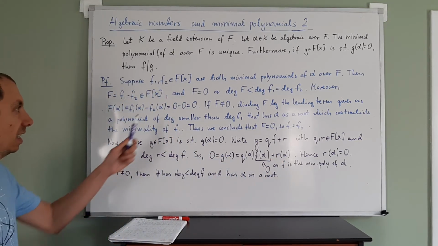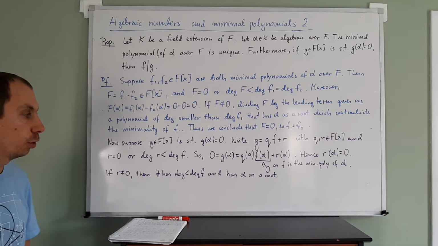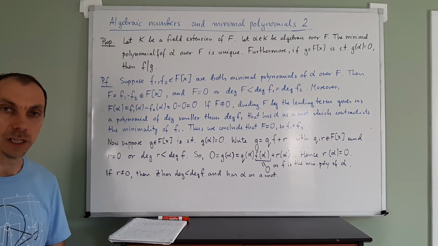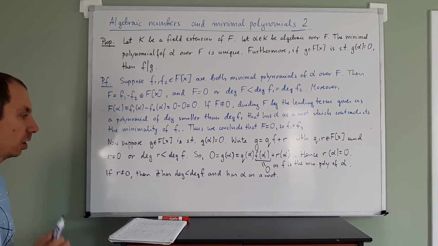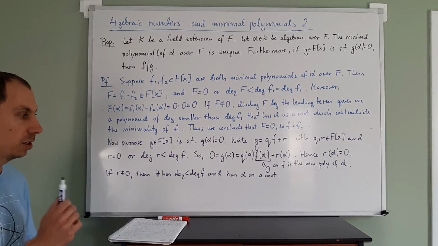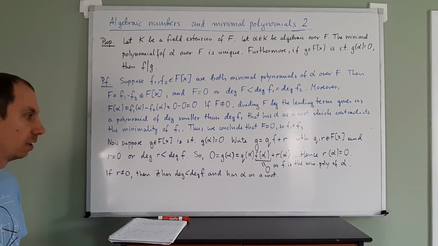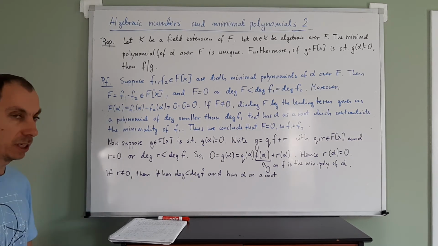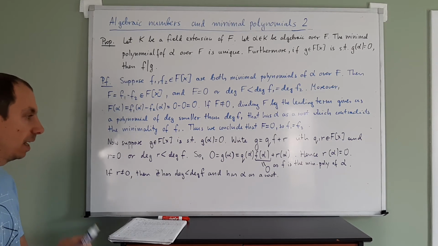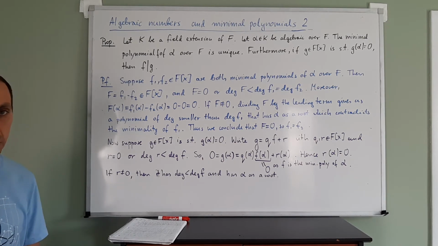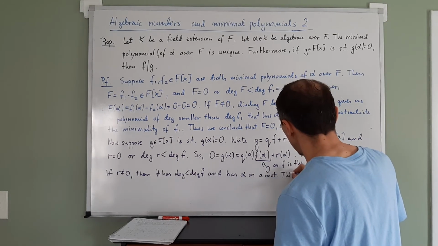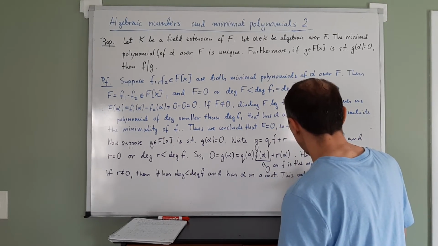Again, just as in the proof of the first part, I don't know that r is monic, but if it's not 0, I can always make it monic by dividing by the leading coefficient. That does not change the degree and does not change the fact that alpha is a root. Therefore I would get a polynomial which is monic, has degree less than the degree of f, and has alpha as a root, which would contradict the minimality of f. So I'm just going to write here, this contradicts the minimality of f.